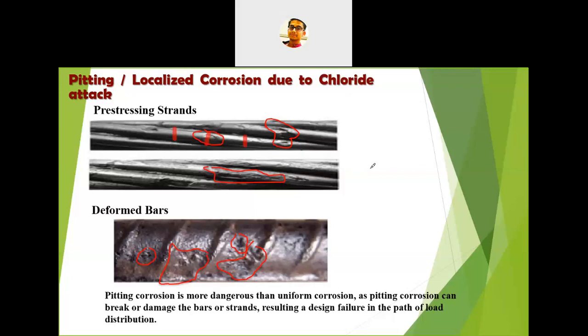In the case of deformed bars also, you can see in the bottom picture there are some pitting types of corrosion in some places, but in this place there is no corrosion.